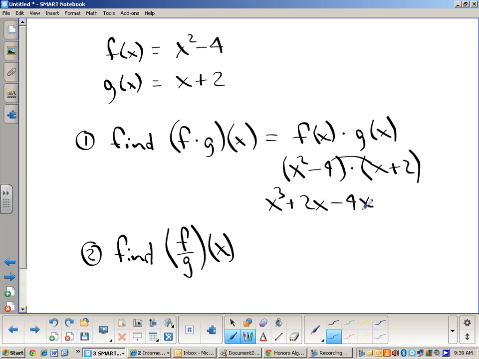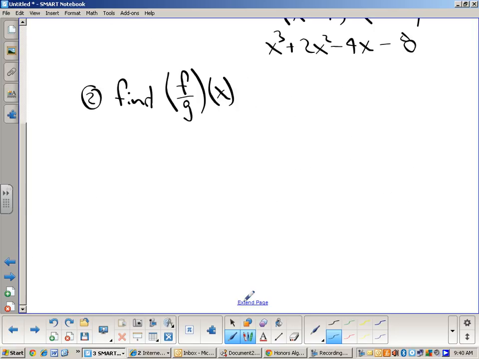And then negative 4 times 2 is negative 8. And in this case, we don't have any like terms, do we? So we cannot simplify that. Okay? Then we go on to division.